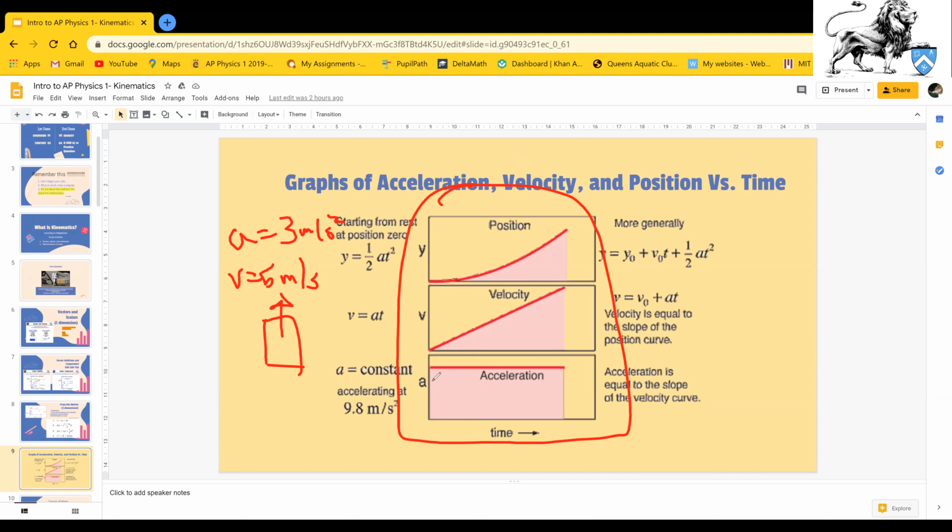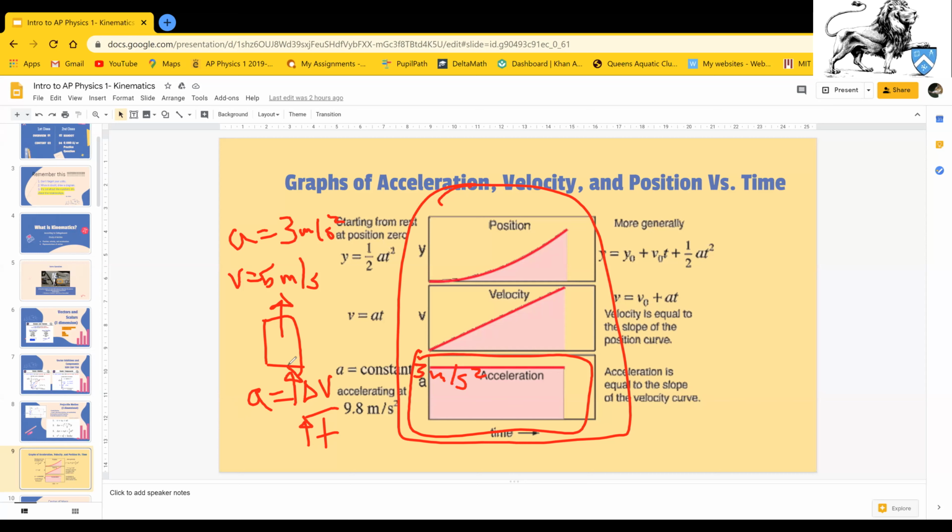And just make that 3 meters per second squared, right? So on your graph, let's start off with acceleration versus time. Let's just make this equal to 3 meters per second squared. So acceleration is constant, right? And we know that acceleration is equal to change in velocity over time, right? And so to keep the acceleration equal to 3 meters per second squared, since it's constant and our time is increasing, we have to increase our velocity as well, right?